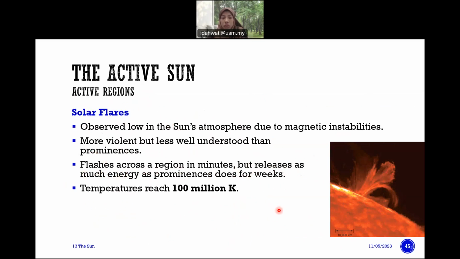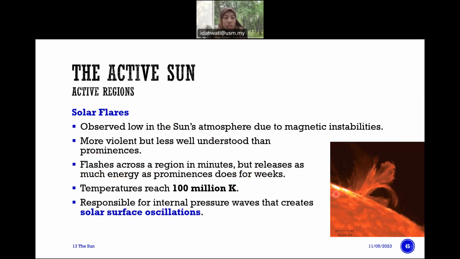Okay, the prominence lasts for weeks. The temperature reaches 100 million Kelvin, and it's responsible for internal pressure waves that create the solar surface oscillation. Okay, the explanation behind this to happen.